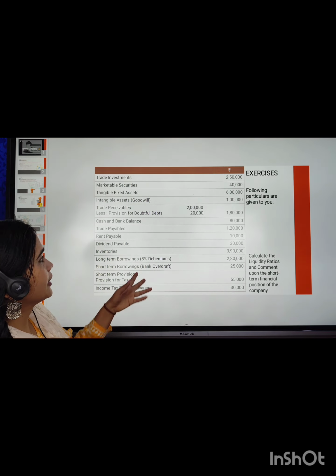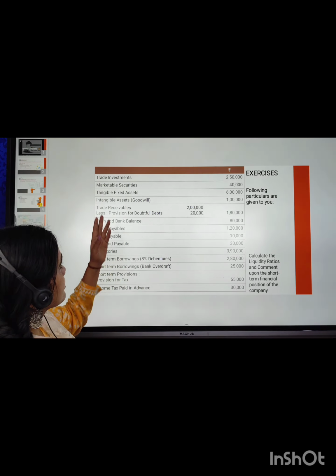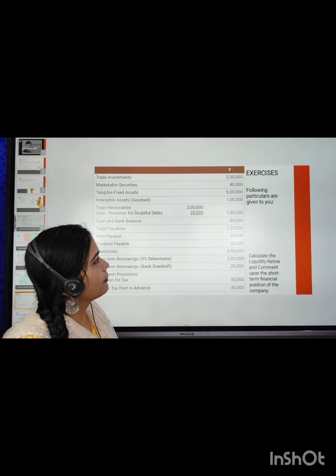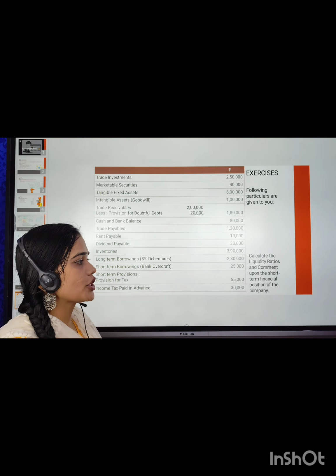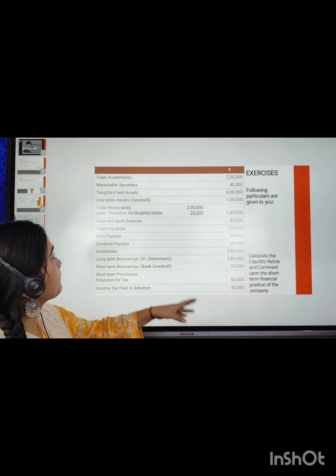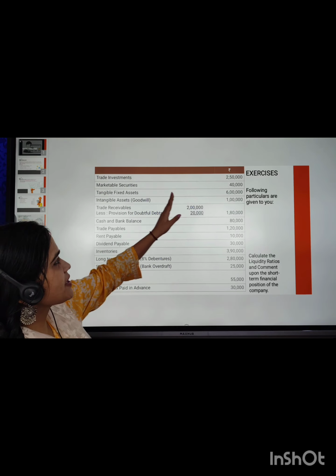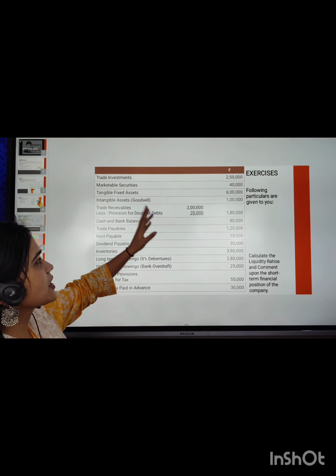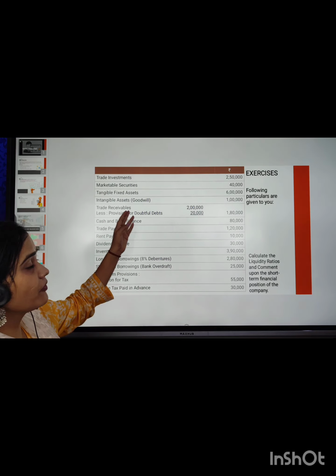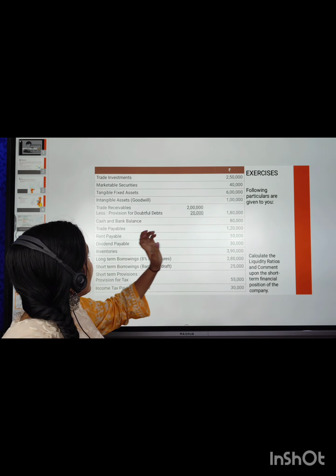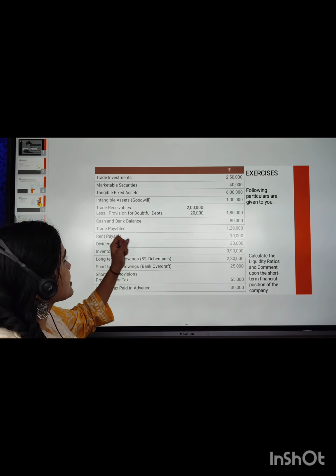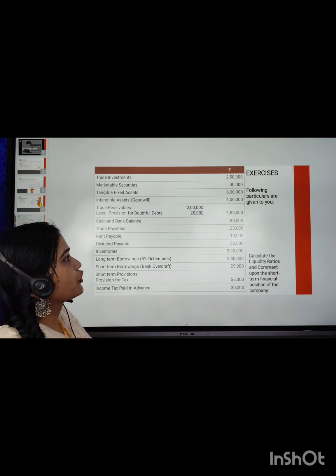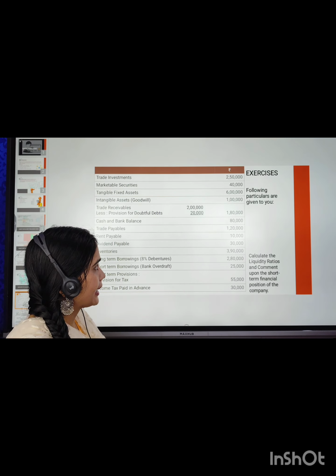Here is one of the exercises. The following particulars are given to you. Calculate liquidity ratio and comment upon the short term financial position of the company. In this, trade investment is 2,50,000, marketable security is 40,000, tangible fixed asset is 6 lakh, intangible asset, that is our goodwill, is 1 lakh, trade receivable 2 lakh minus provision for doubtful debt 20,000, that will be 1,80,000.